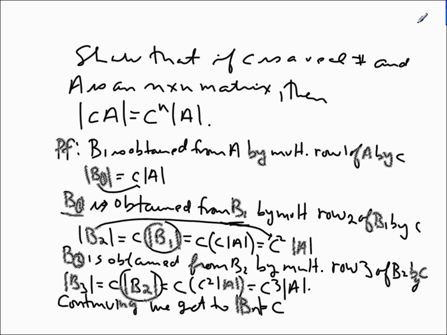This is going to be C to the n times the determinant of A. So we're just doing it row by row. The theorem says we can only multiply one row by C at a time, so I'll do that n times.